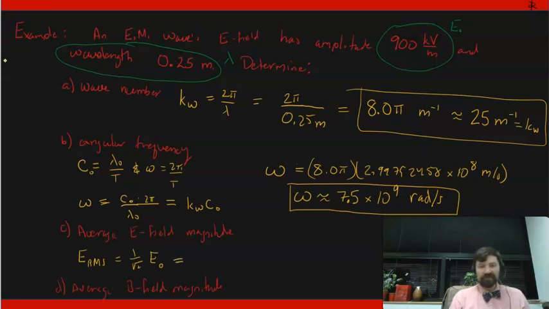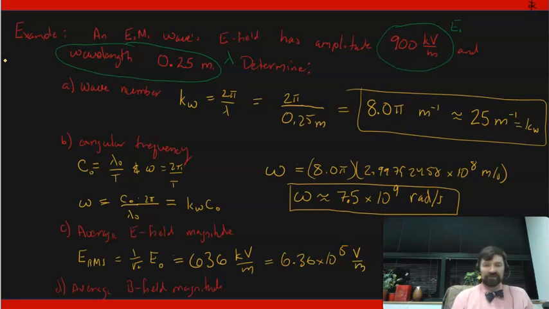So this just ends up being 900 divided by square root of 2, which gives me 636.39. So assuming that this is 3 significant digits, maybe we would call this 636 kilovolts per meter, or 6.36 times 10 to the 5 volts per meter.